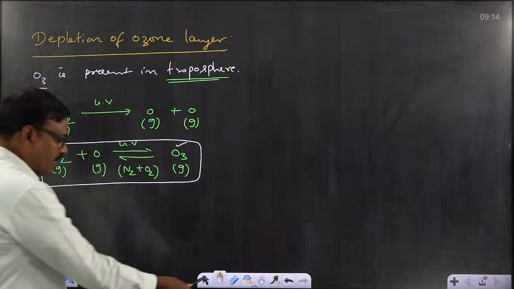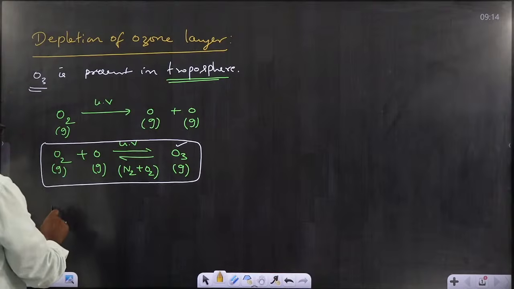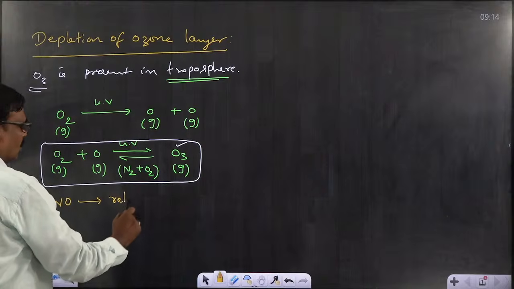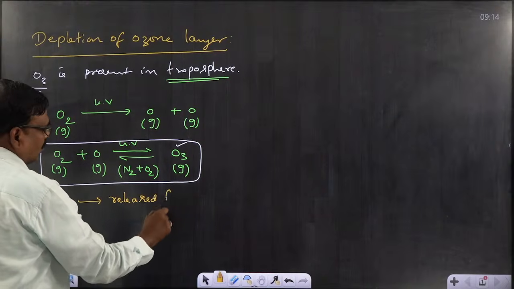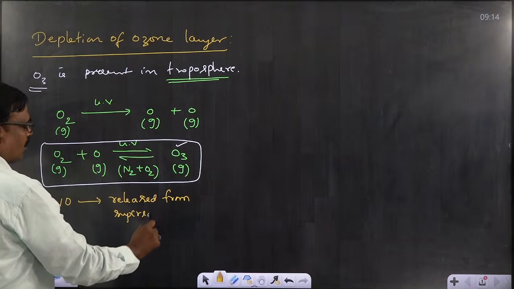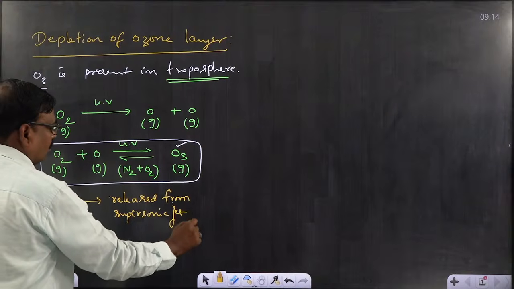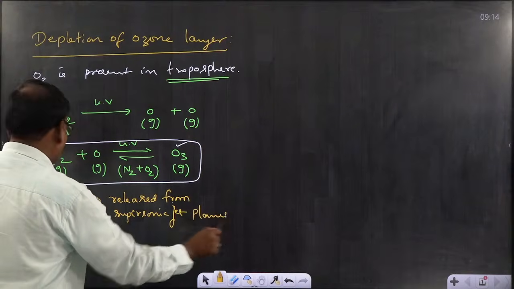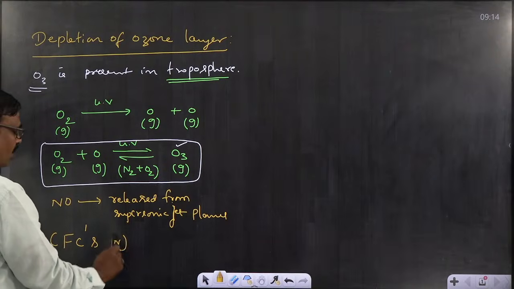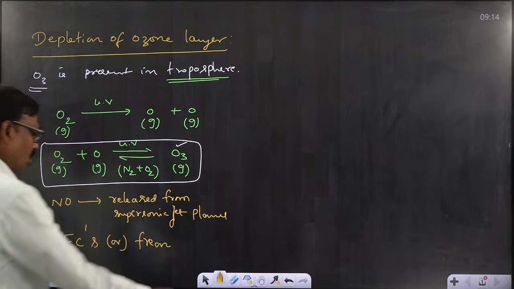Mainly this ozone is depleted by two factors. One is NO, which is released from supersonic jet planes. And another one is CFCs, which we commonly call freon.